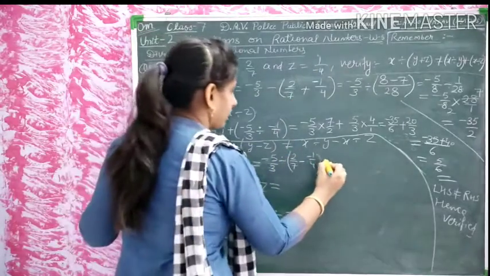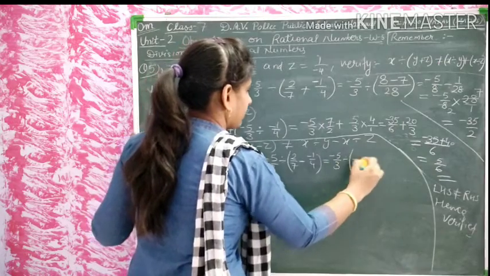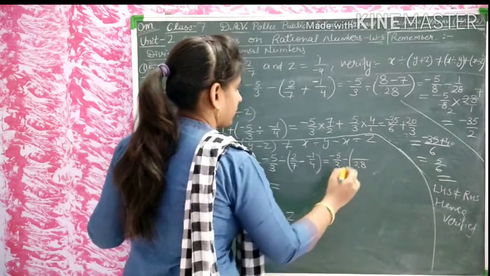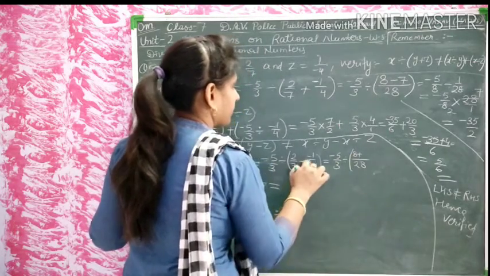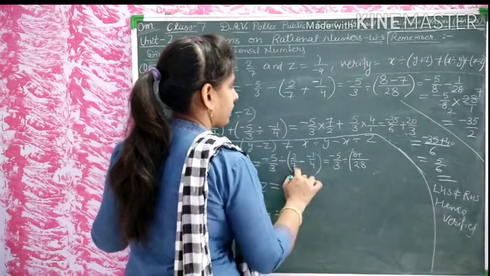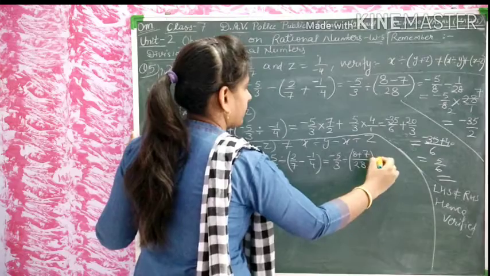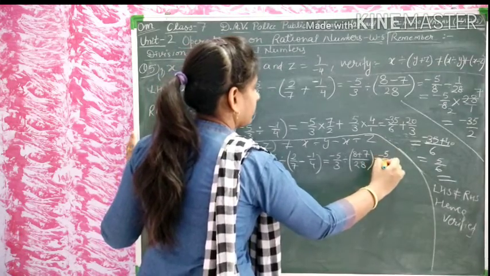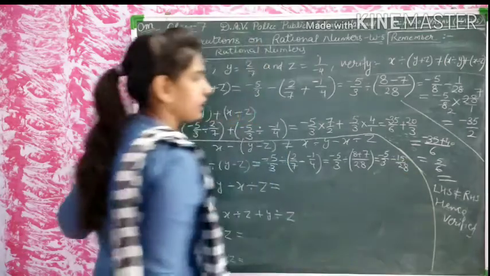And we will get minus 5 by 3 divided by, there is the 7 4s are 28 and 4 2s are 8, and minus becomes plus here, and 4 7s are 28, 7 1s are 7. We will get minus 5 by 3 divided by 15 by 28.